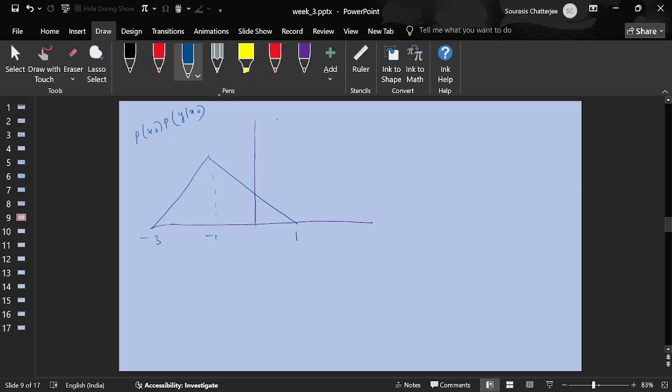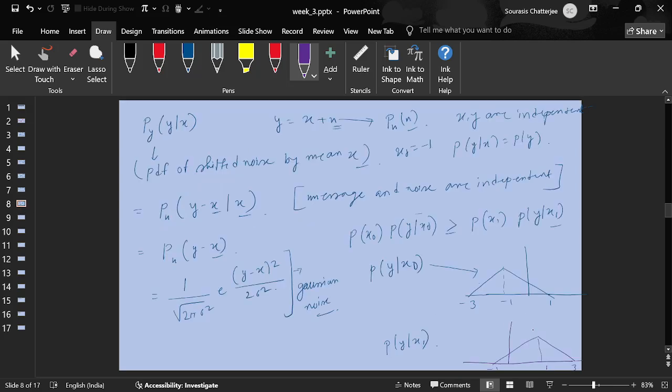You think it's equal height or smaller or larger? As long as we are talking about likelihood, they are of the same height. This was 1 over 2, this was 1 over 2, but this is only likelihood.